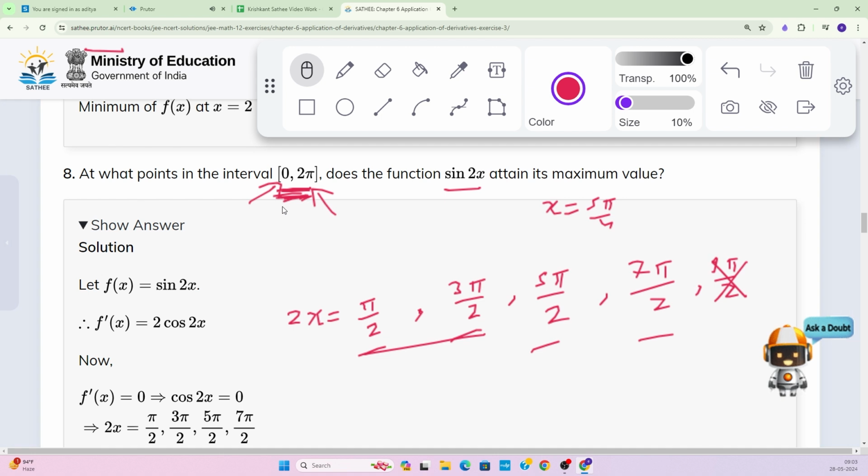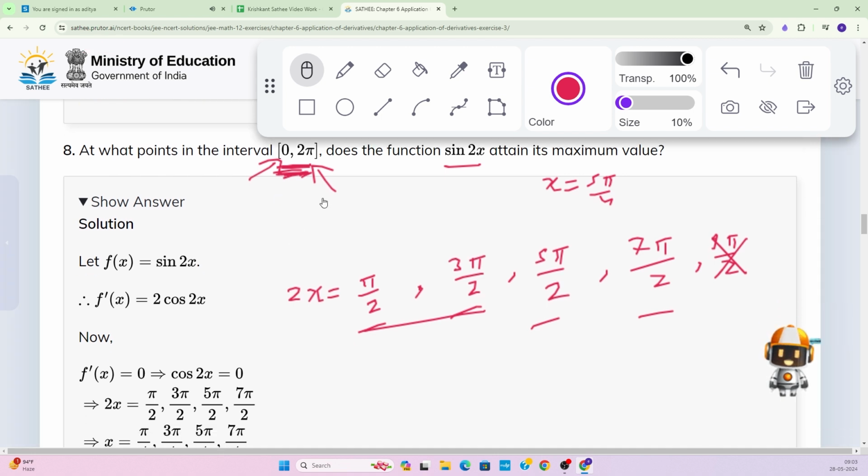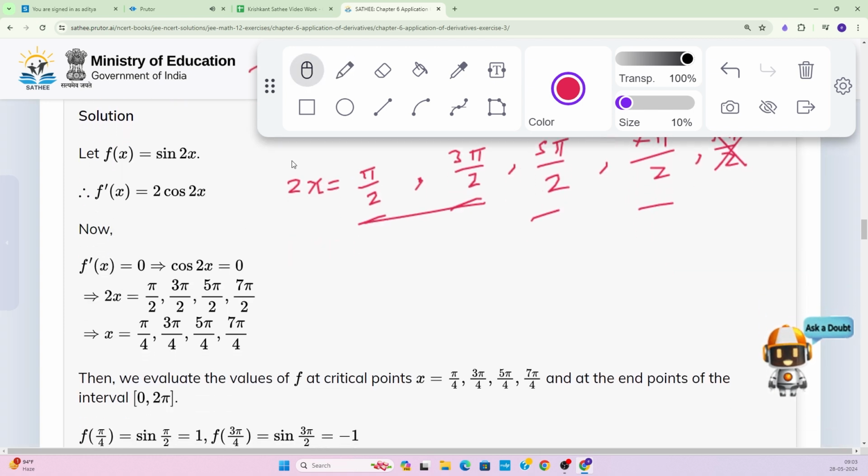Simple. Okay, now find the values of the function at these 6 points: pi by 4, 3 pi by 4, 5 pi by 4, 7 pi by 4, and 0 and 2 pi also.